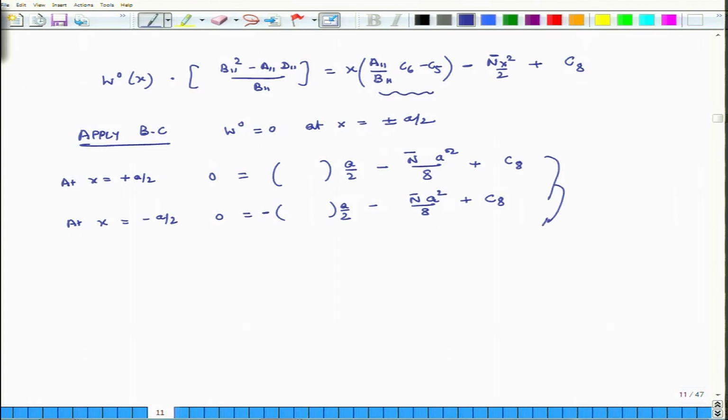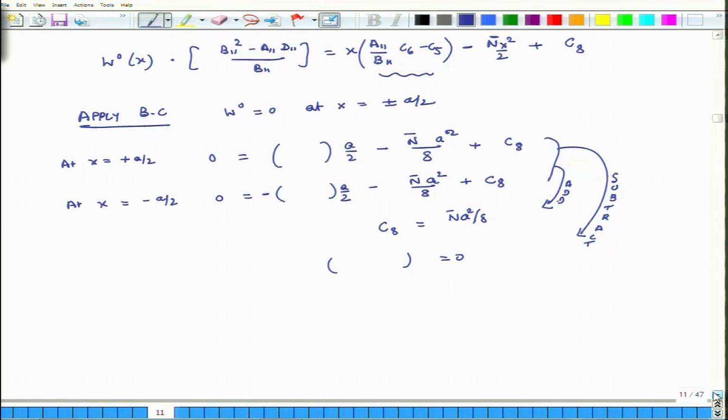If I add them, then I get C8 is equal to n bar a square over 8. And if I subtract them, I get this entire parameter in the expression, this a11 over b11 times C6 minus C5, equal to 0, right.